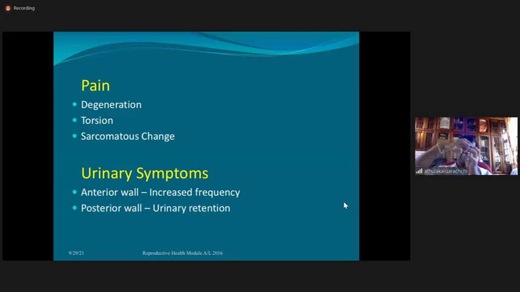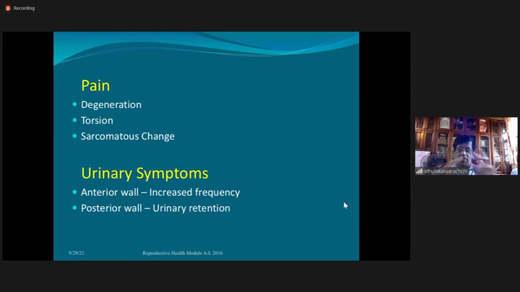Then, especially if the fibroid is in the subserous area and it twists, there can be torsion, which can cause acute pain. And of course, a rare possibility: I said fibroids are benign, but the risk of malignancy in fibroids is less than 0.5%. If they undergo malignant change, it can also contribute to pain in these patients. Okay.